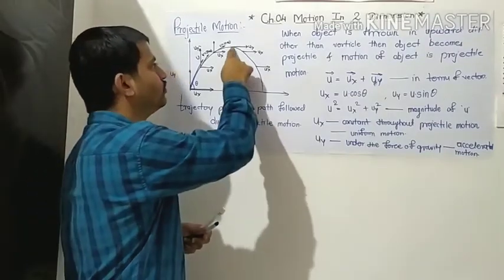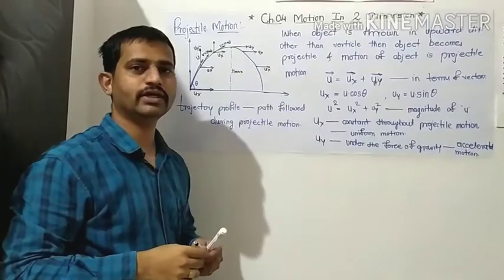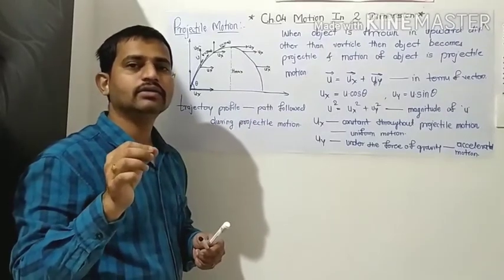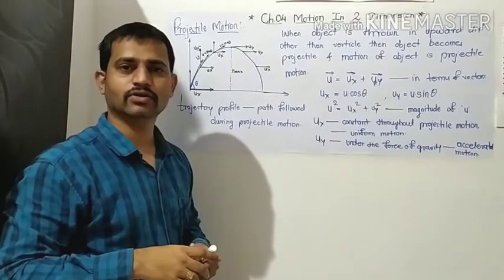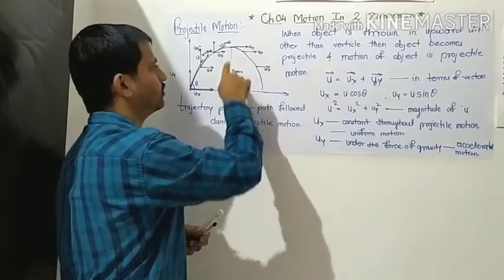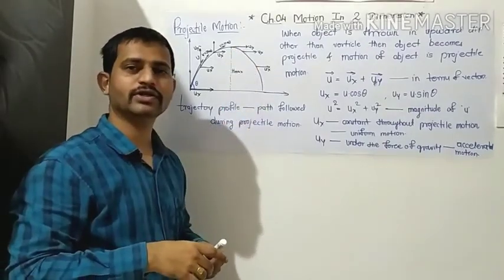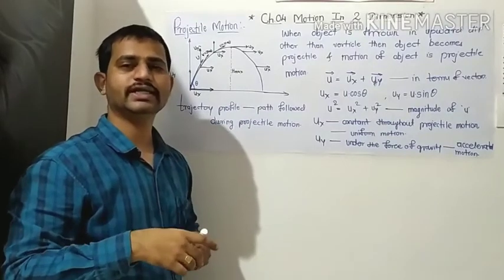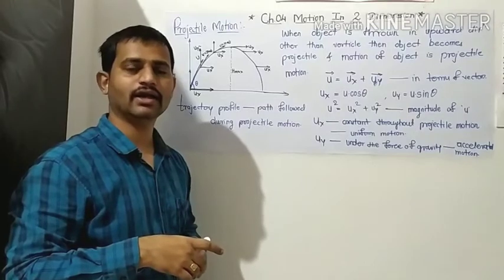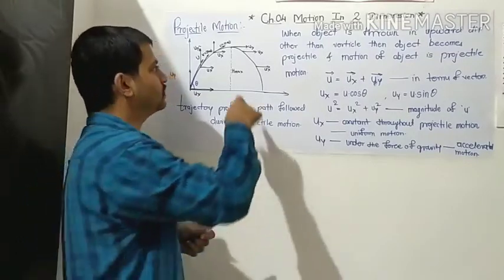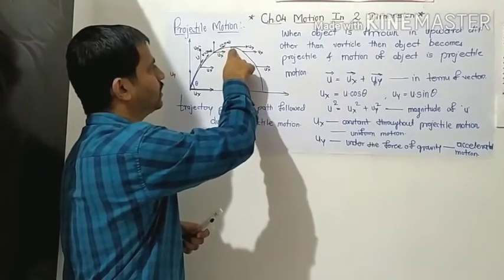So we don't have to show the vertical velocity component here, but the object is under the other component, the horizontal component ux, the velocity component in the horizontal direction, which acts there.